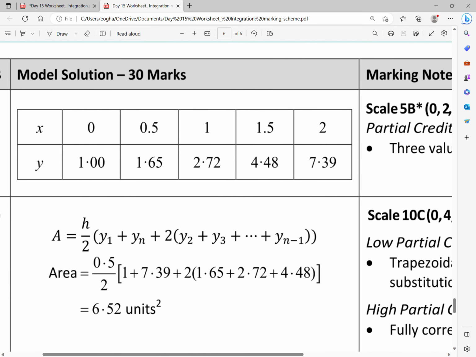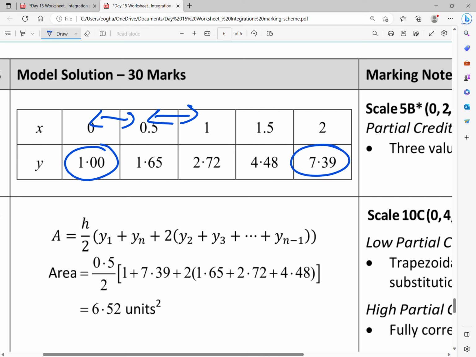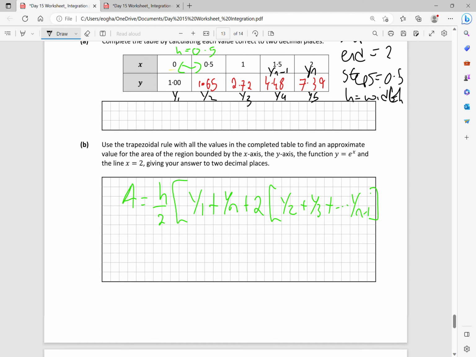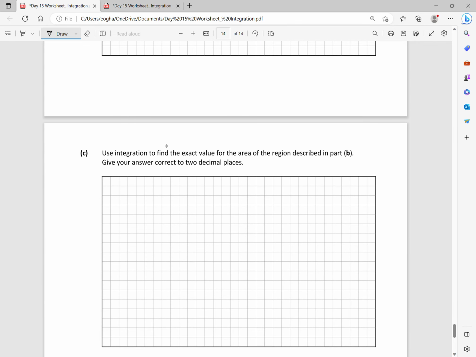So basically, we fill all those in, and we're going to get an estimate for the area. So 0.5 is the h, the width, the gap between 0 and 0.5, or between 0.5 and 1. y1 is 1, yn is 7.39, and plus 2 times the sum of these guys. You get 6.52. And it's units squared, obviously, because it's area.